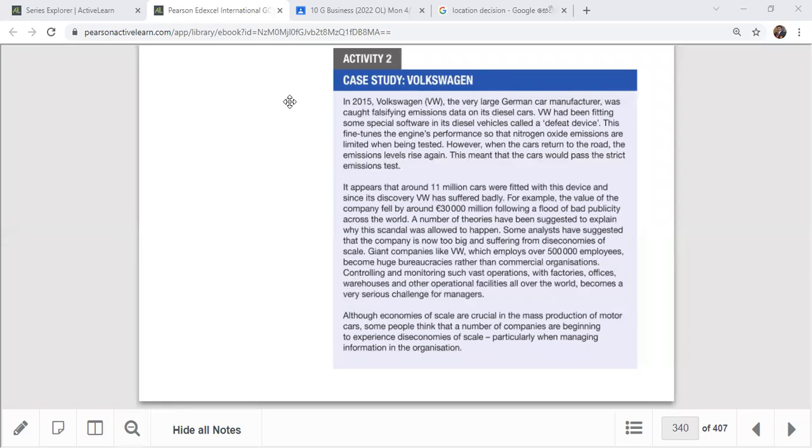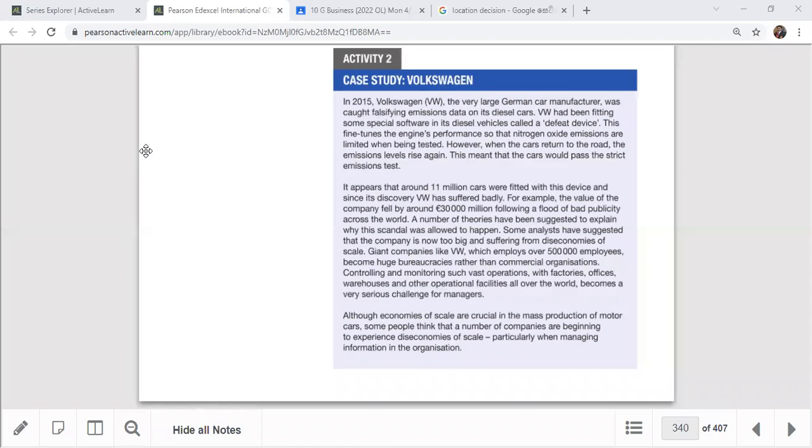Yes, Volkswagen. In 2014, Volkswagen, the very large German car manufacturer, was caught falsifying emissions data on its diesel cars. VW had been fitting some special software in its diesel vehicles called a defeat device. This fine-tunes the engine's performance so that nitrogen oxide emissions are limited when being tested.